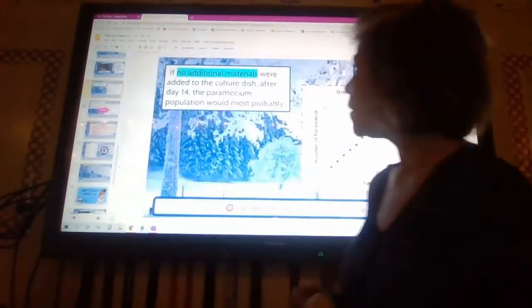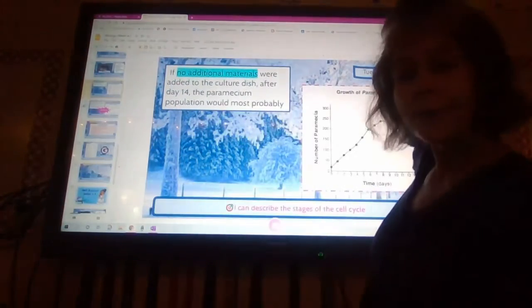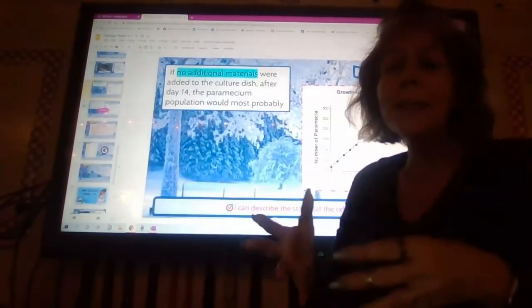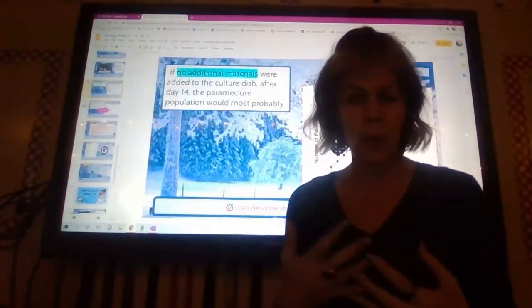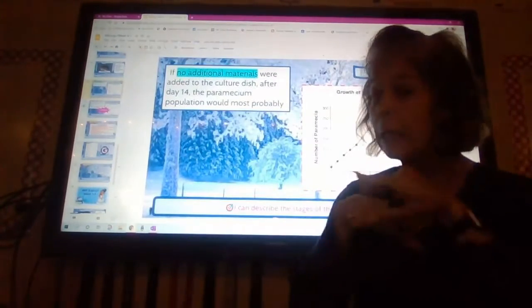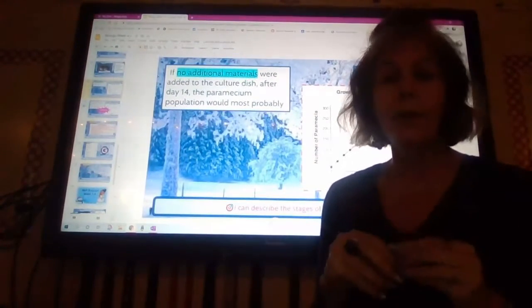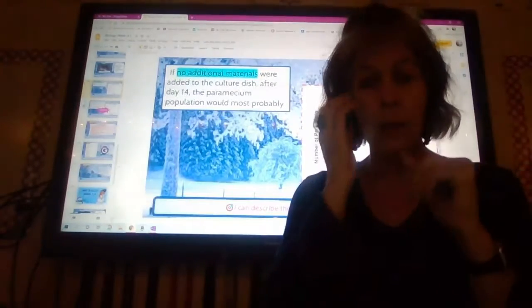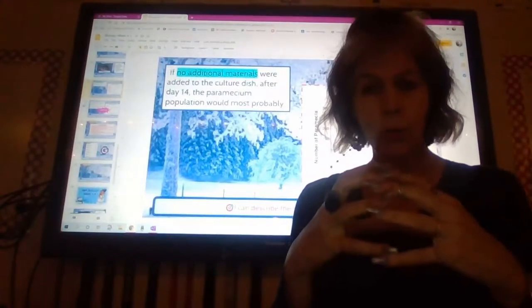That's what the first question asks. After day 14, it asks you to extrapolate or predict what would happen to the population of paramecium. They're not adding anything new. Think about that. They're in this ecosystem and nothing's being added to it.